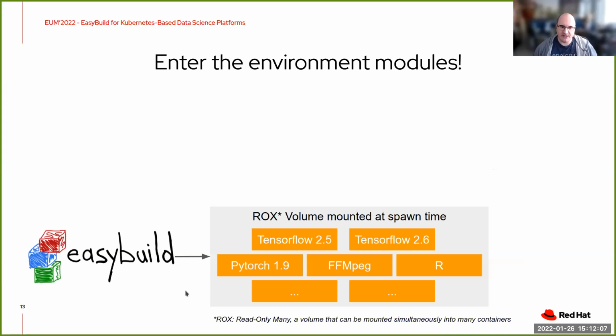So what I'm doing is with EasyBuild, I am compiling modules that I am storing in a special volume inside OpenShift. That's a volume of a special type, a ROX volume, read-only many, meaning that this is a volume that I will be able to mount in as many pods as I want inside my environment.